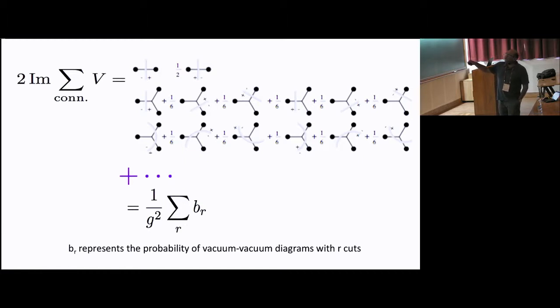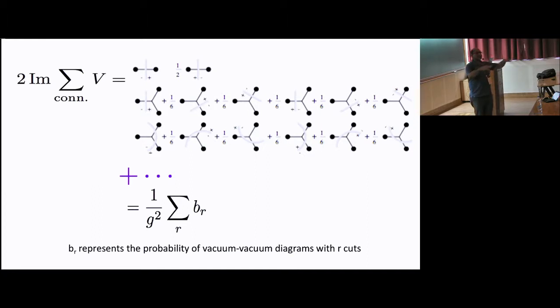So if you now take this imaginary part of the connected graph, all these cuts I can write as some sum of something called a combinant. And this is the probability of vacuum-to-vacuum graphs, all such graphs with any particular number of cuts, and then you sum over all possible cuts. So that's the full content of the quantum field theory.